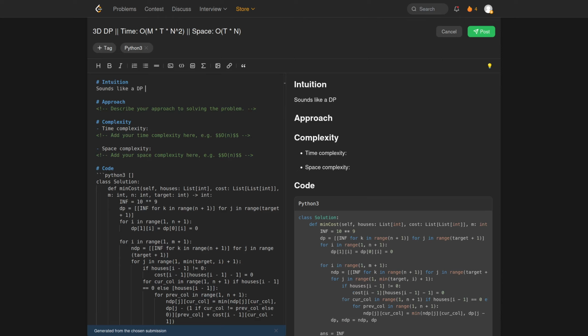sounds like a DP problem, so let's think about the state.